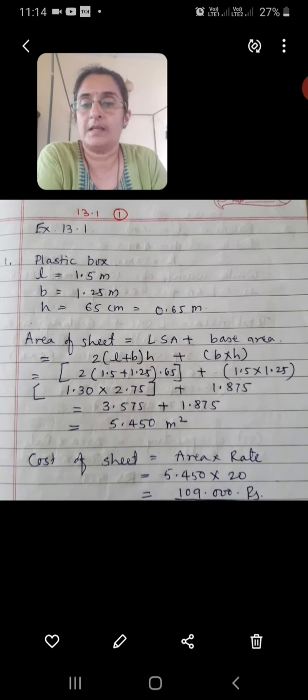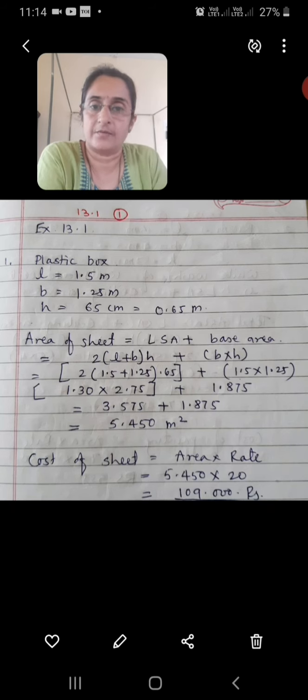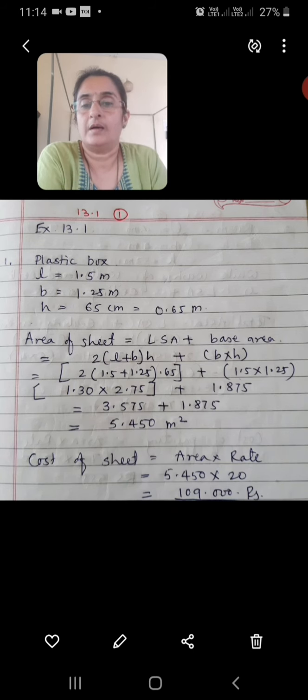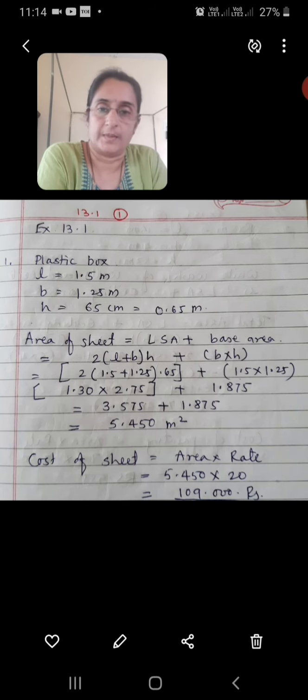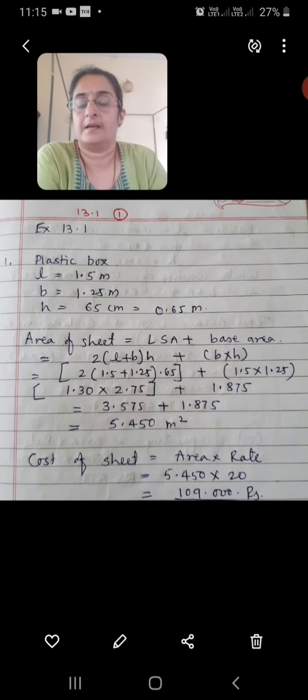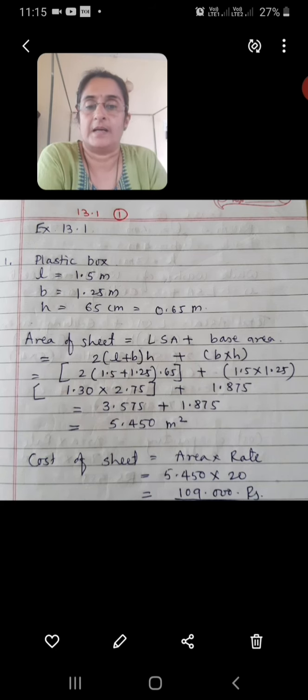So to find the total area of the sheet needed, we should know the lateral surface area of the box and the base area. How are we going to find the lateral surface area? Using the formula 2(l + b) outside the bracket h, and the base area as we do in plane figures, that is length into breadth. So put in the numbers given: 2 into the bracket 1.5 plus 1.25, multiplied with 0.65 meters.